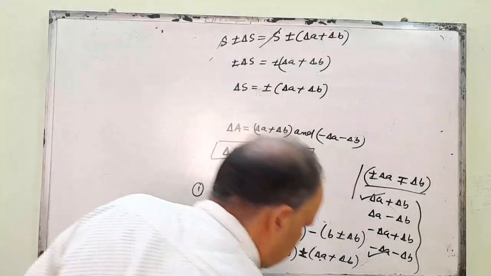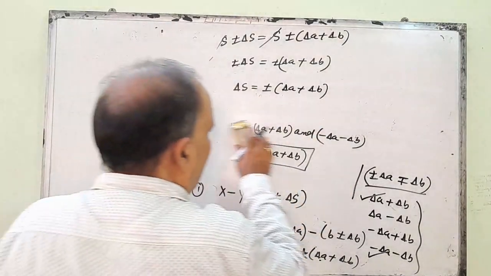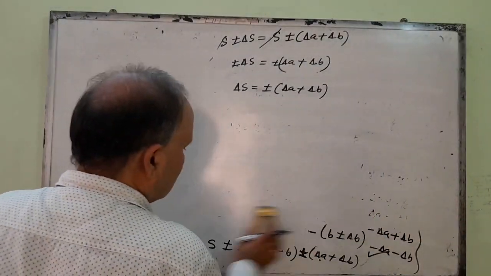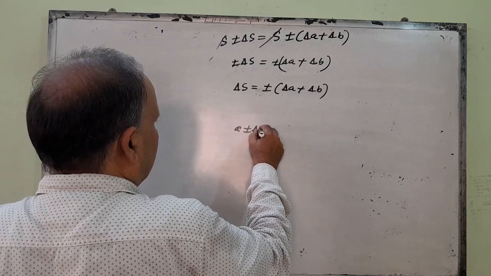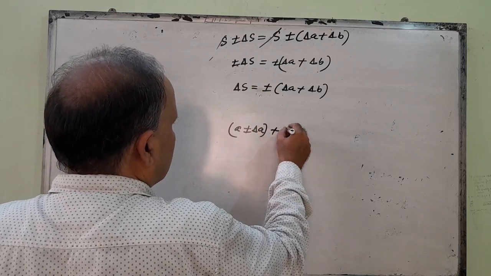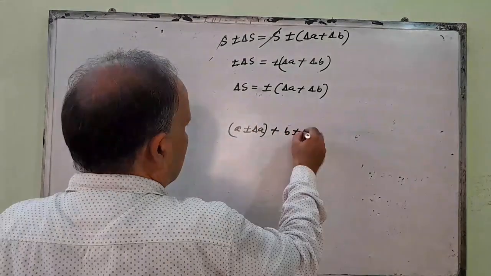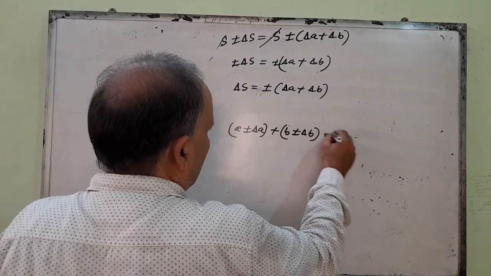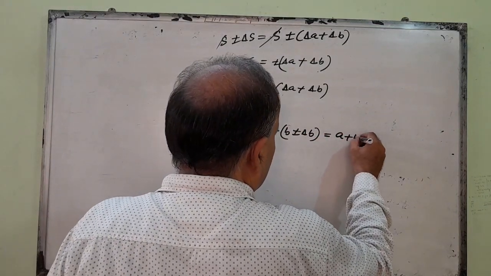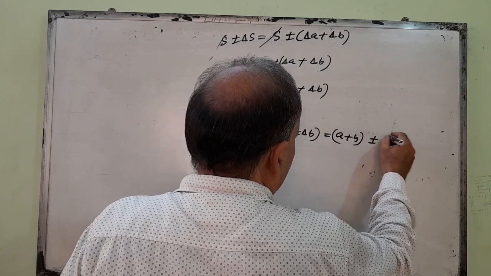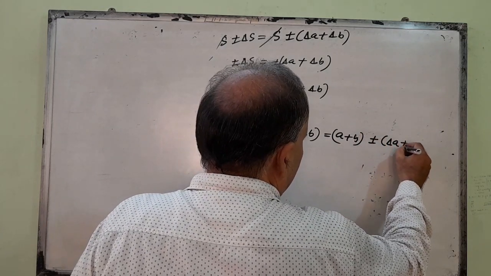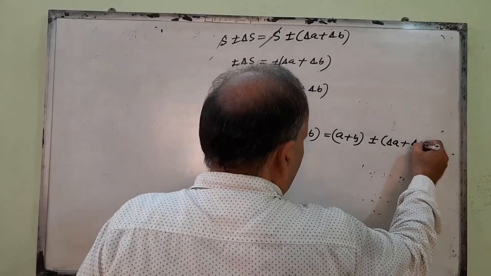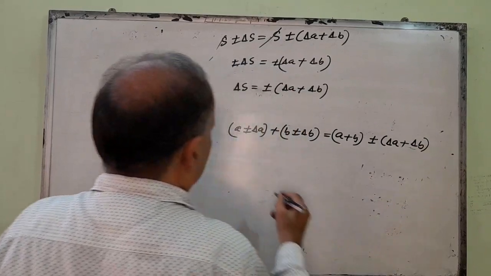So you see, in case of addition and subtraction, a plus minus delta a plus b plus minus delta b is equal to a plus b plus minus delta a plus delta b. You always add the error term.